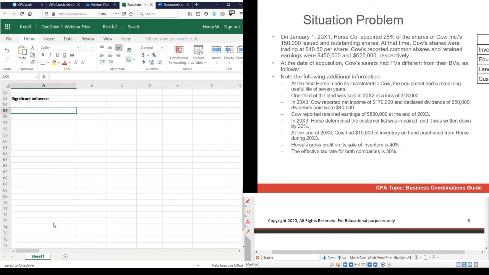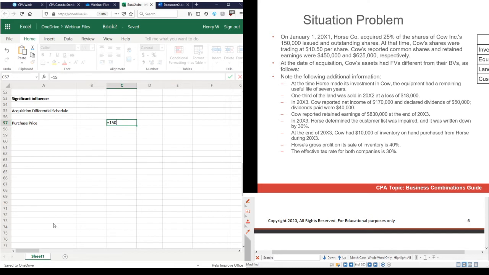So the acquisition differential schedule. Purchase price equals 150 times 25% times 10.50. I'm just going to put this on the side for you to remember.